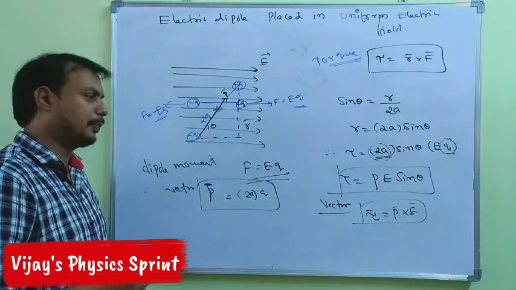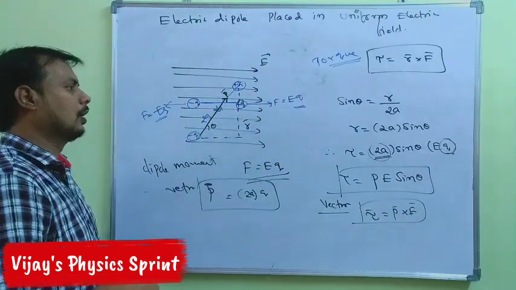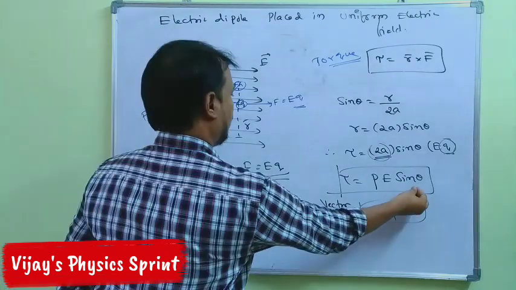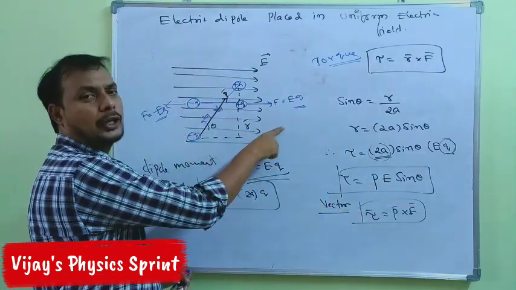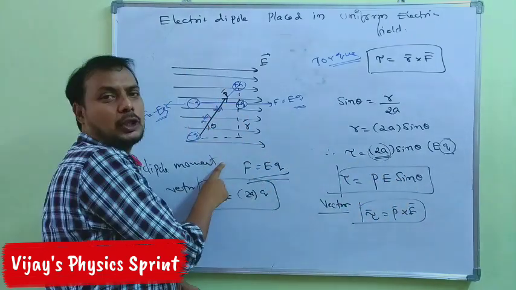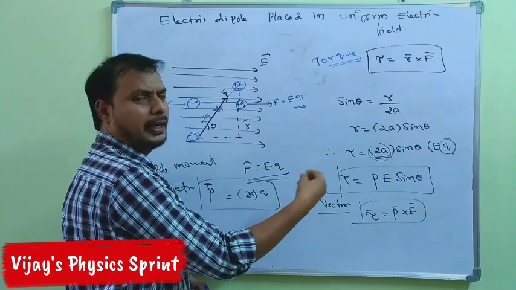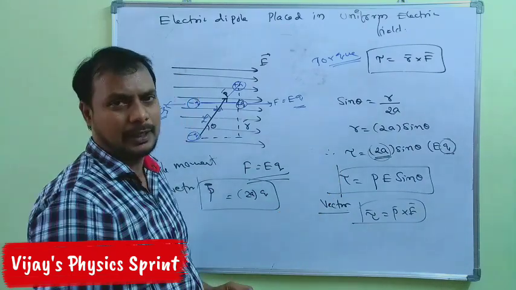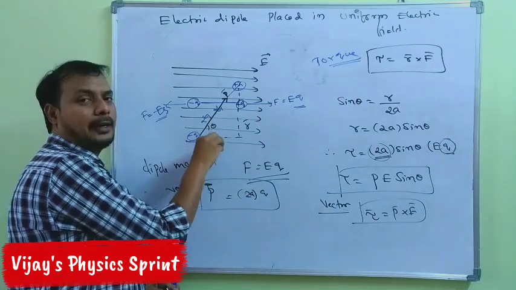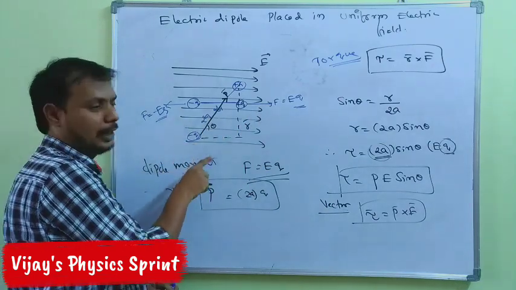Remember this formula: torque is pE sin theta, with theta equal to 0 in the direction of the electric field, and theta 90 perpendicular to the electric field. You can take theta at any value, 30, 45, 60.